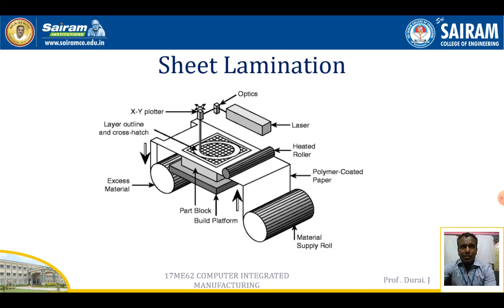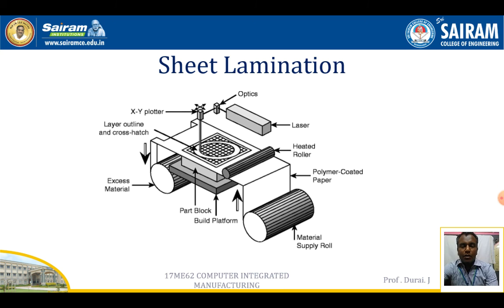Laminated objects are often used for aesthetic and visual models. For that purpose it is used, and it is not suitable for structural cases. And the LOM process employs two different types.